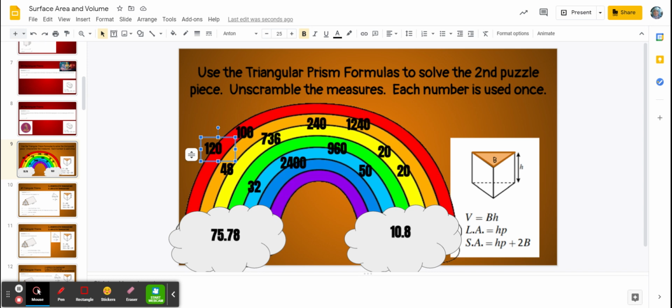So on that rainbow slide, you need to add 2 answers. 120 and 1240 are both answers for question number 1. Does that help, Miriam?